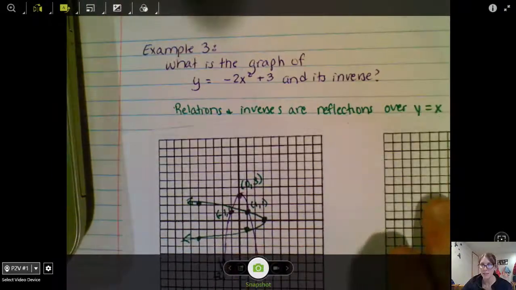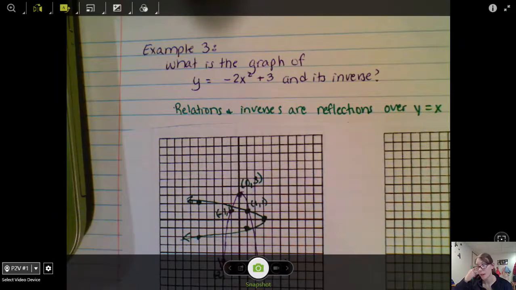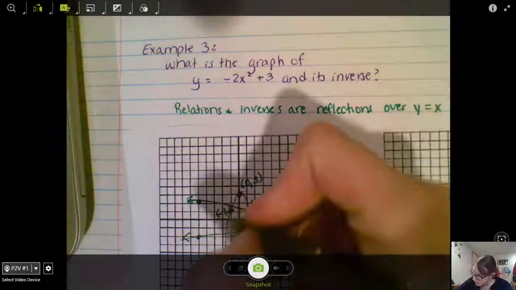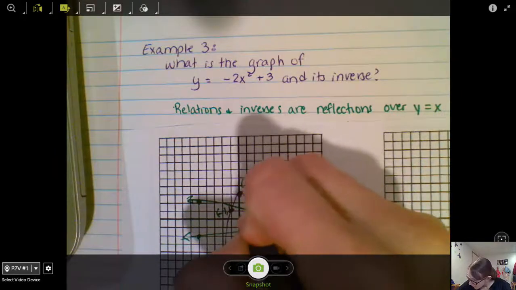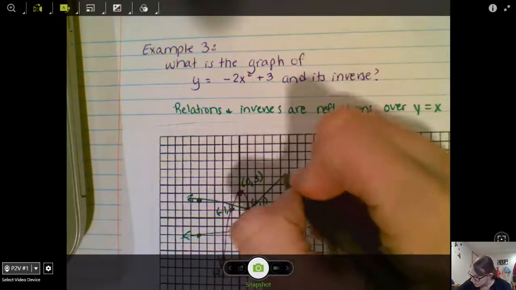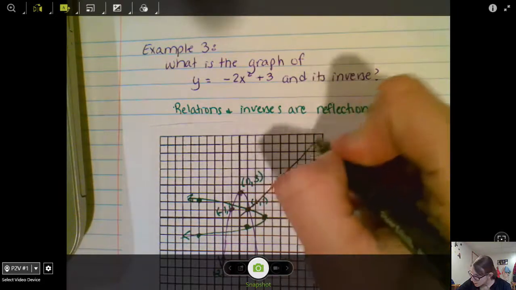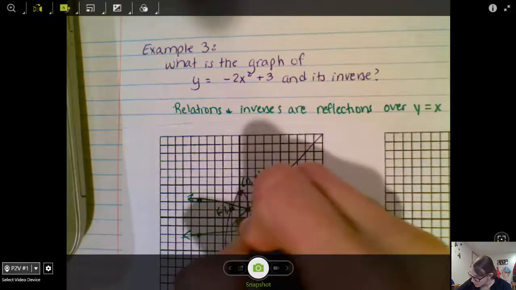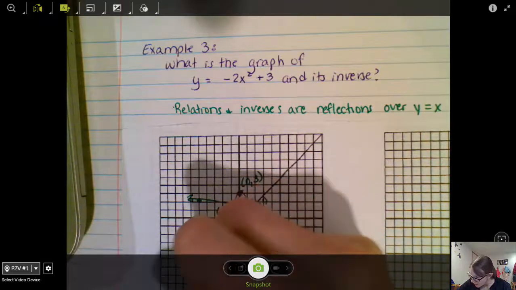So what that means is, if I draw in my line y equals x, and I should probably be using a straight edge for this.